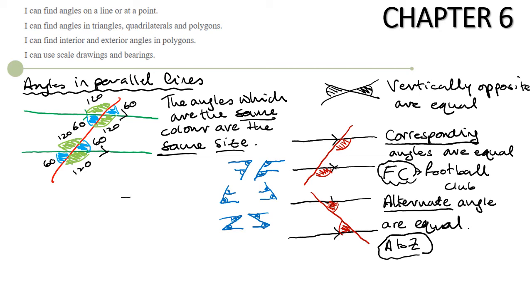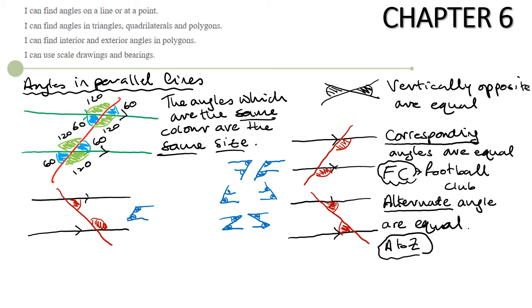And there's one more with parallel lines. Let's do that over here. So set parallel lines like this, with a line going across them like this. Now these angles, the ones tucked in on the inside, aren't equal, but they add up to 180. Sometimes it looks like a C shape, like that.